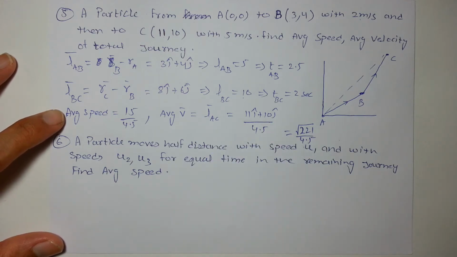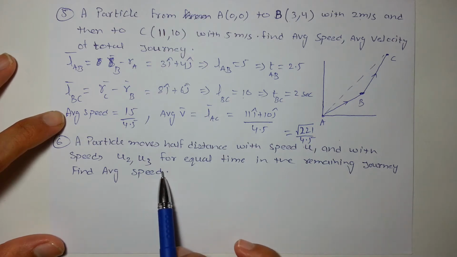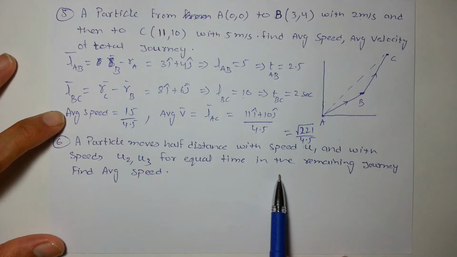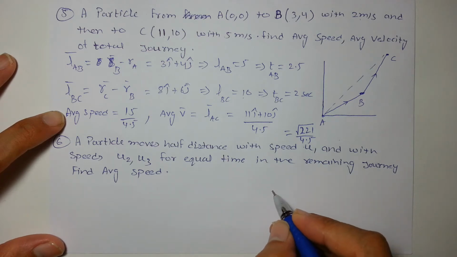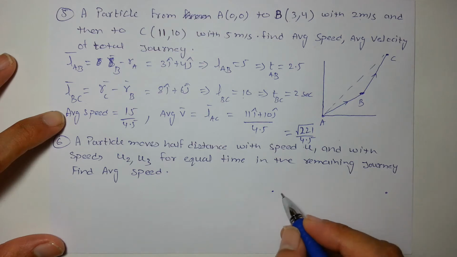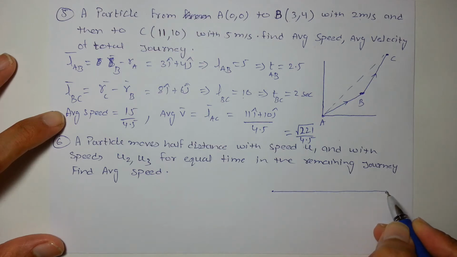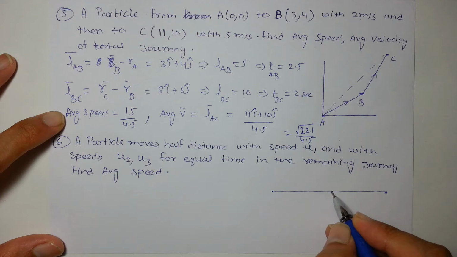Next part: a particle moves half the distance with speed u1 and u2, u3 for equal time in the remaining journey. Interesting question. Let's say this is the whole journey. This is the half of the journey.